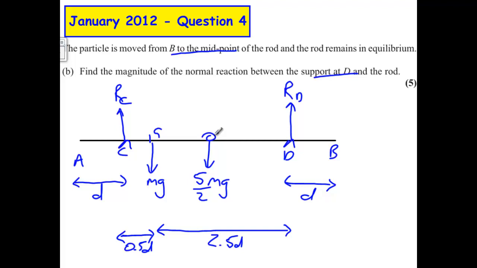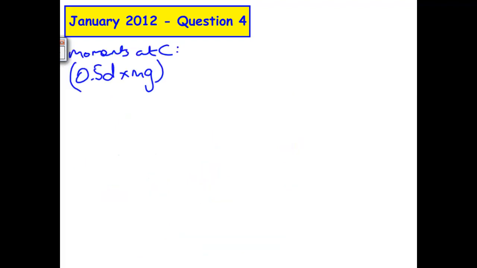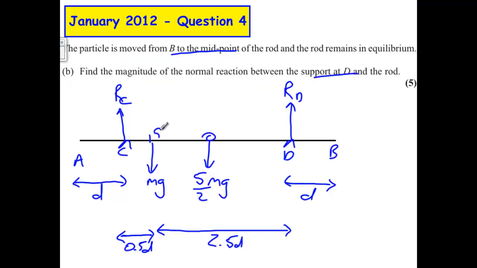Remember, the total length is 5d. So the force from the particle will contribute another moment acting in a clockwise direction, and that is equal to 1.5d times 5/2 mg.